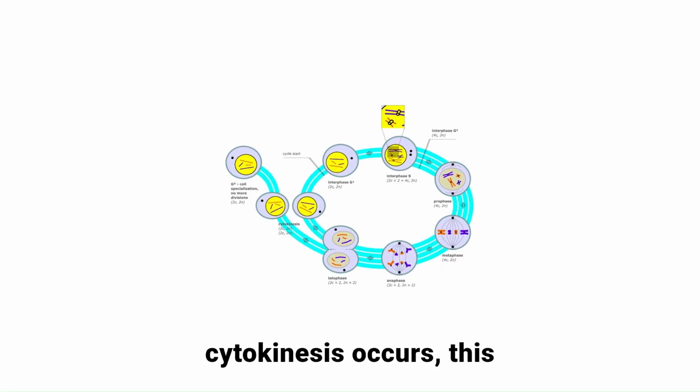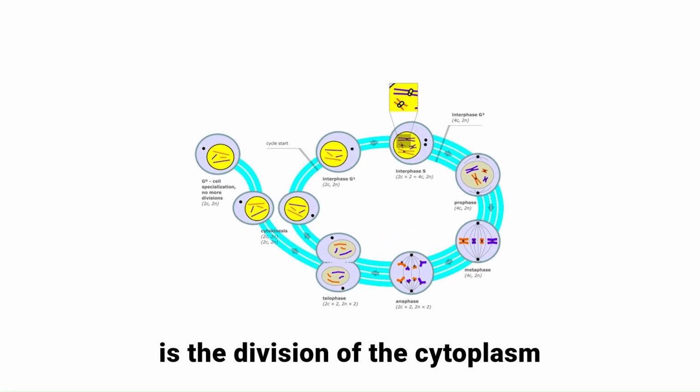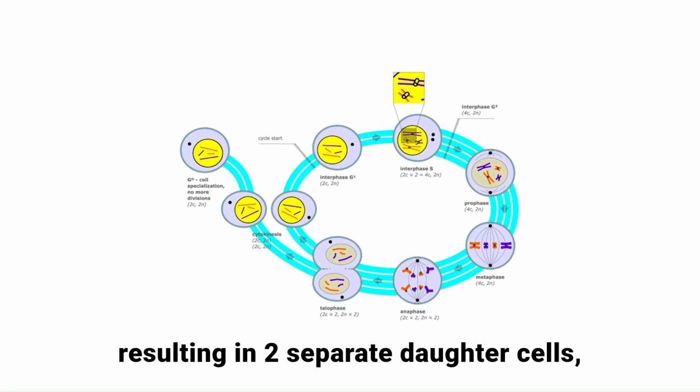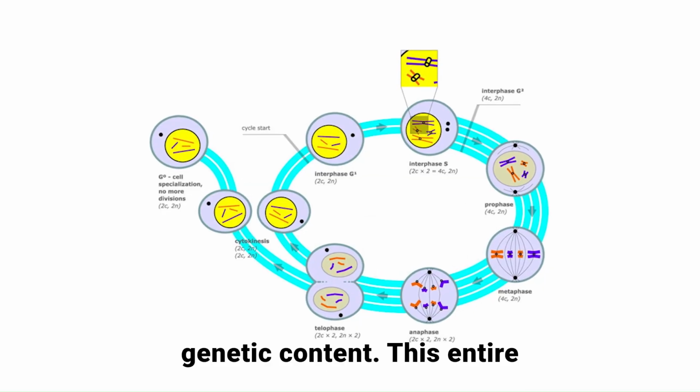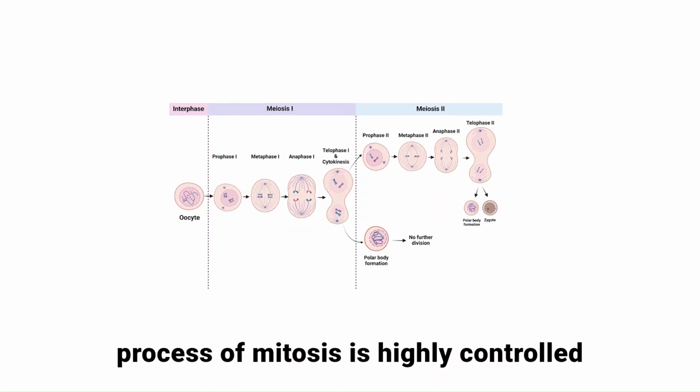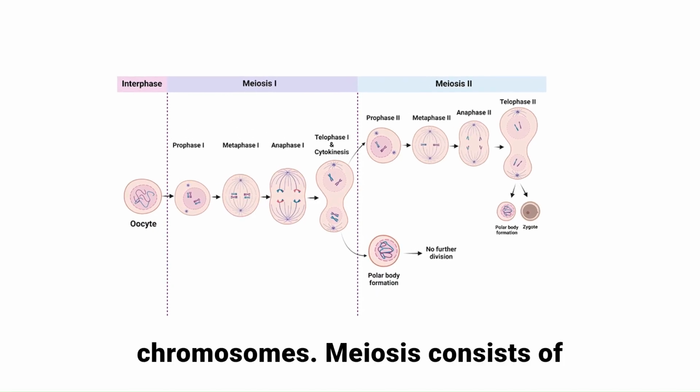After telophase, cytokinesis occurs. This is the division of the cytoplasm, resulting in two separate daughter cells, each with its own nucleus and identical genetic content. This entire process of mitosis is highly controlled and ensures the proper distribution of chromosomes.